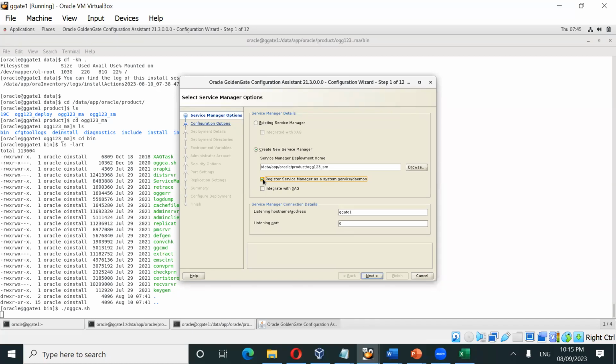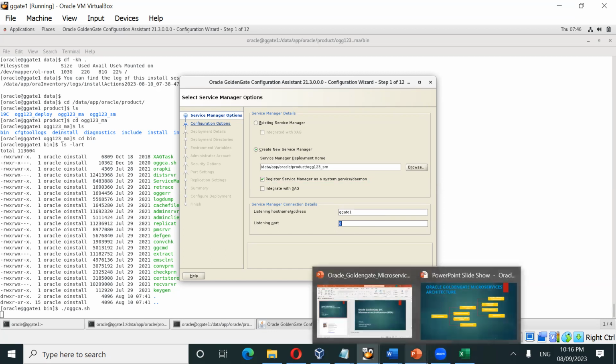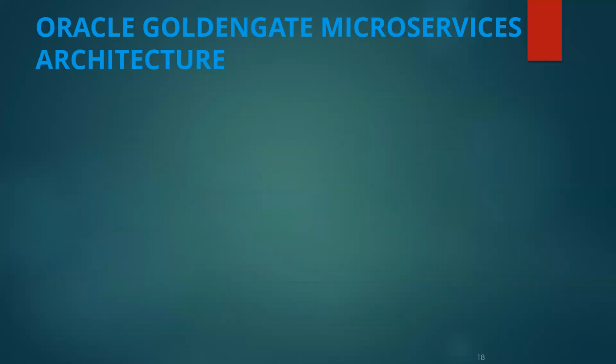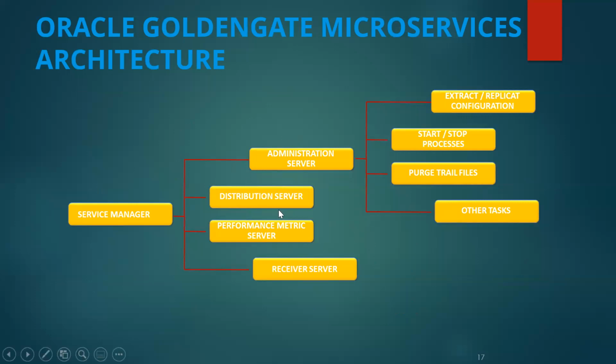Okay. Then you provide the listening host name address. You can provide either the host name or IP address, whatever you want. And then you need to provide the listening port. All the services here require a port to run on.